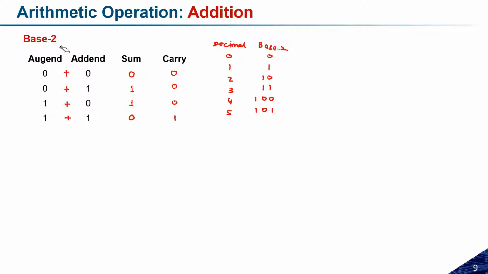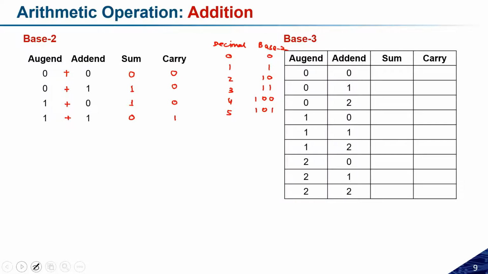Similarly, suppose I have a number in base 3. We know that for base 3, the symbols are 0, 1, and 2. These are the symbols that we can use. So there could be possibilities like 0 plus 0, 0 plus 1, 0 plus 2, and so on.